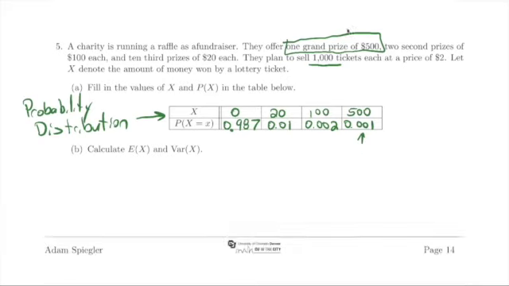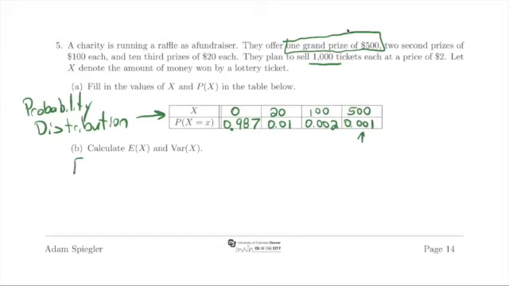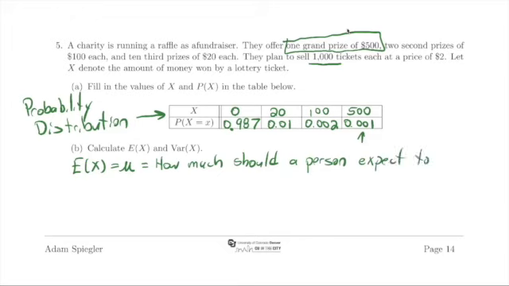And so if we wanted to calculate the expected value, which we can also write with mu, practically speaking, this is going to tell us how much a person should expect to win if they buy a ticket.